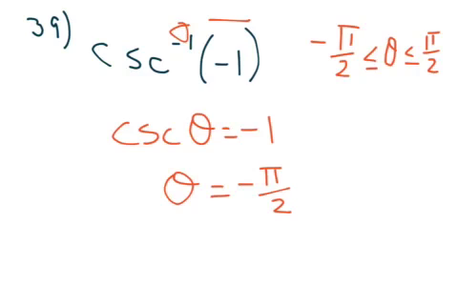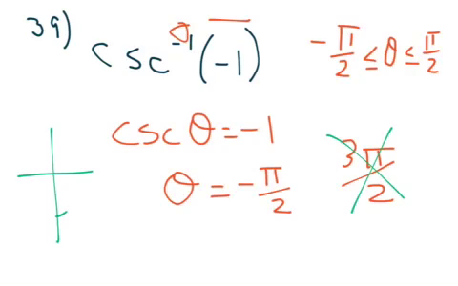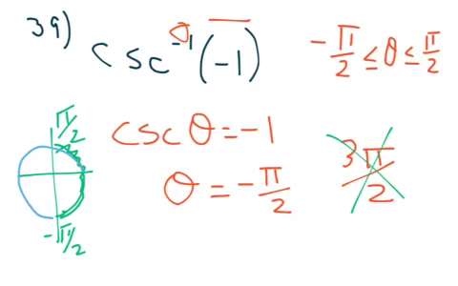If you say 3 pi over 2, you're incorrect. You have to go in this area here only, from negative pi over 2 to pi over 2. You cannot go around here to get to 3 pi over 2, because we don't even have that. This has all been restricted, and you can only go from here to here.